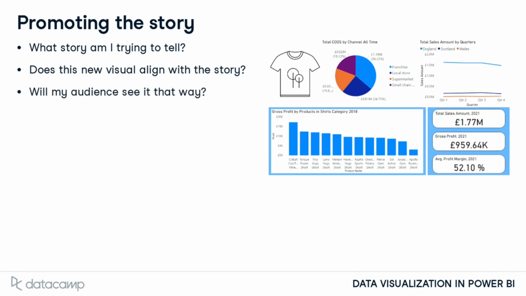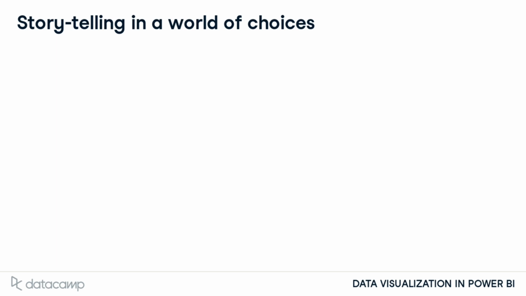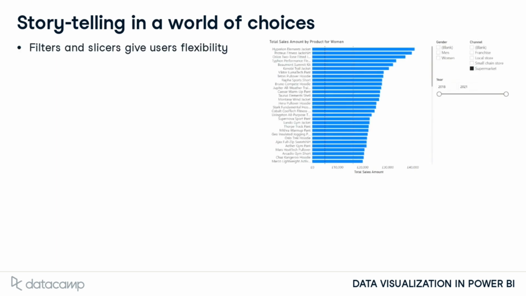Keep in mind that the user has ultimate authority. We may think something fits perfectly, but if your users don't see it that way, tailor it to their needs using your expertise. If you're delivering a presentation, you can control the story entirely. But with dashboards, you probably have some filters and slicers, which gives users flexibility.